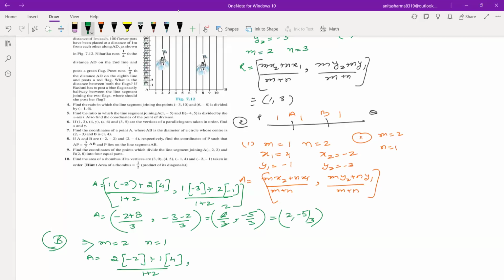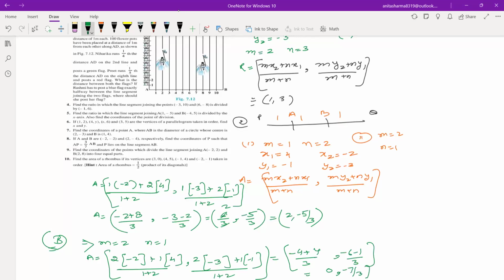Now m y2, so value of m is 2, y2 is -3, then 1 into -1 upon 1 plus 2. So -4 plus 4 divided by 3, comma, -6 minus 1 upon 3. So your coordinates will be 0, comma, -7 by 3. This will be your answer. Understood? Yes, ma'am. Got it.